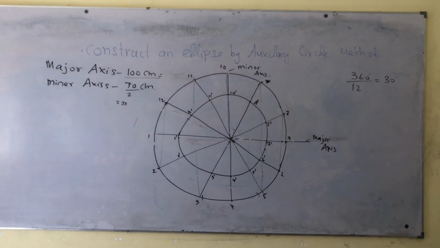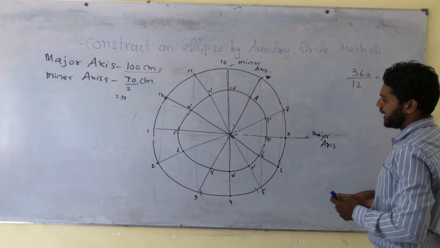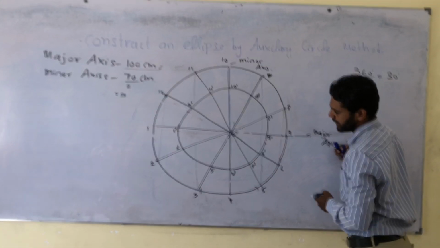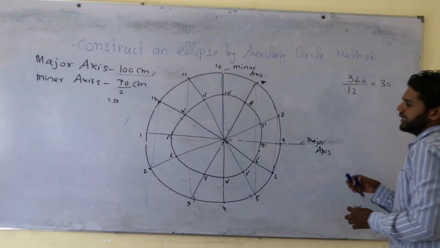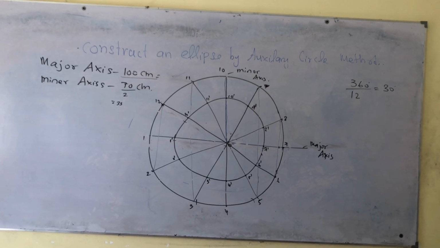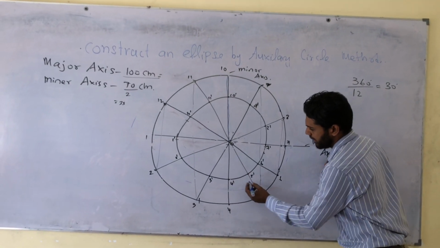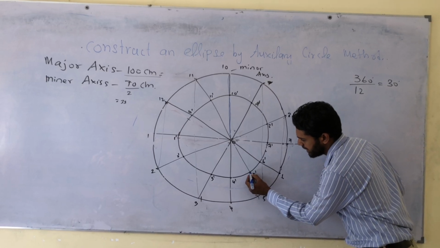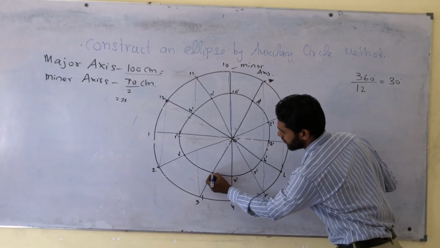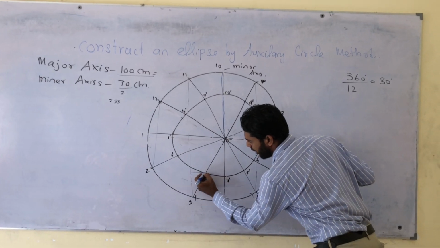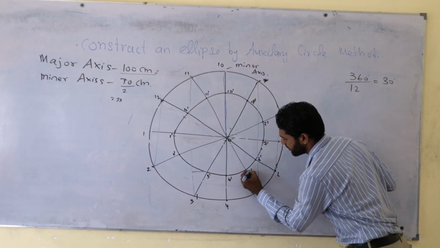Then next step is take this point. What is internal? Internally, this is 4, no? 4. So here, take this point and 3. Take outside horizontally, right?